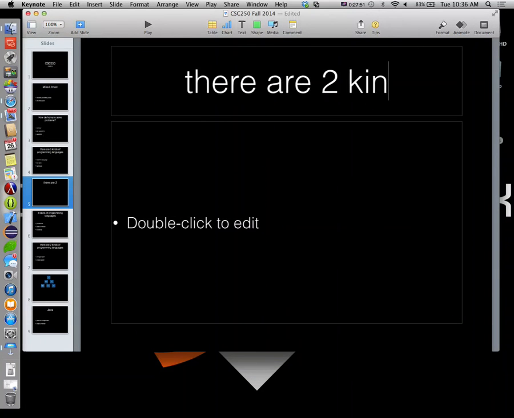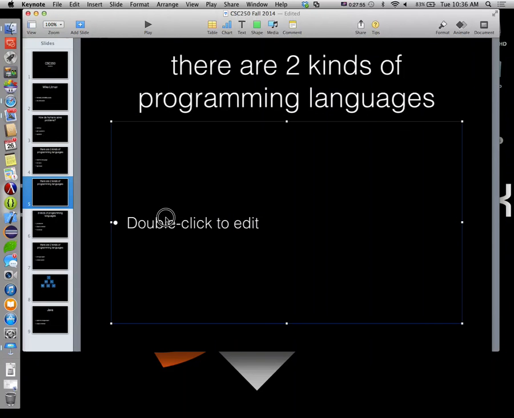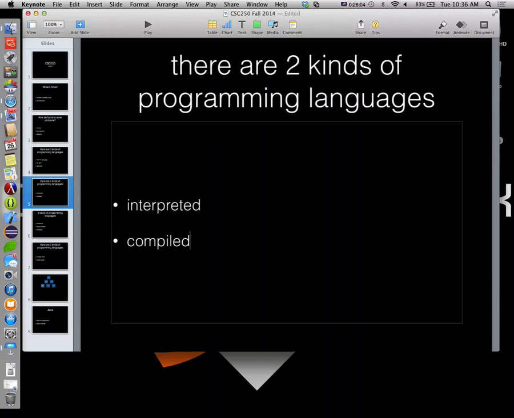Now, having said that, there are two kinds of programming languages. We have interpreted languages, and we have compiled languages. A compiled language, like Java, takes our source code, our Java code, and runs it through a tool called a compiler. What the compiler does is it translates our high-level language into a low-level language prior to us running the program.